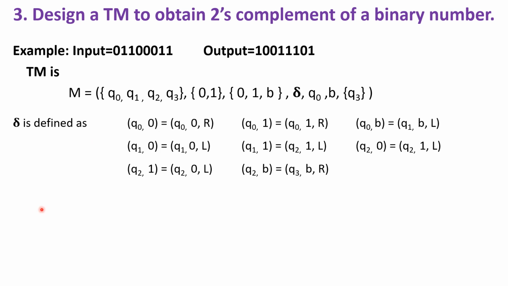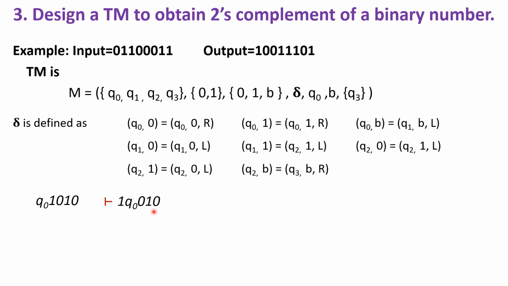Let us take an example for a 4-bit binary number. Initially Q0 pointing to the number. Q0 1, keep 1 as it is, move towards the right. Go on moving towards the right until you come across a blank, keeping the state Q0 itself.